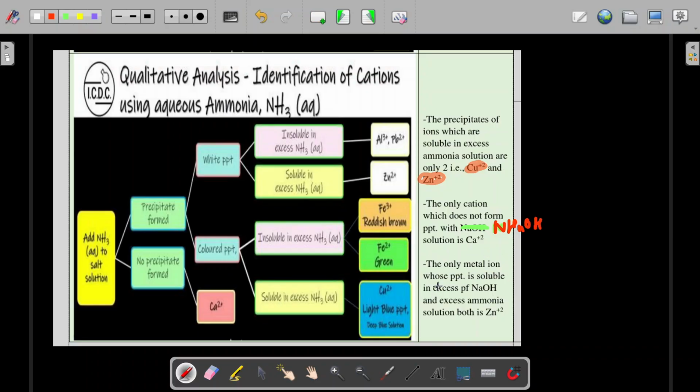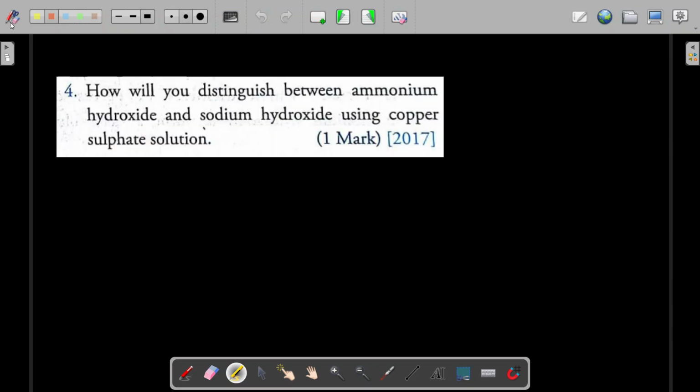The only metal ion whose precipitate is soluble in excess of NaOH and excess of ammonia, both, that is zinc, that we already know. Okay, next. Who is left?